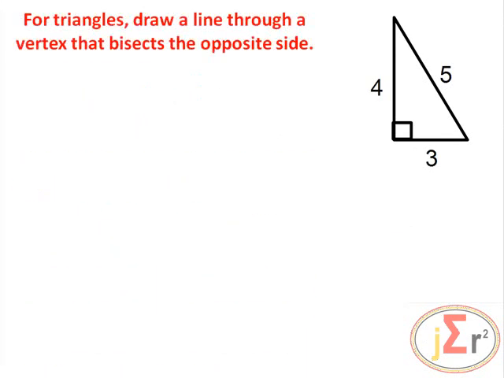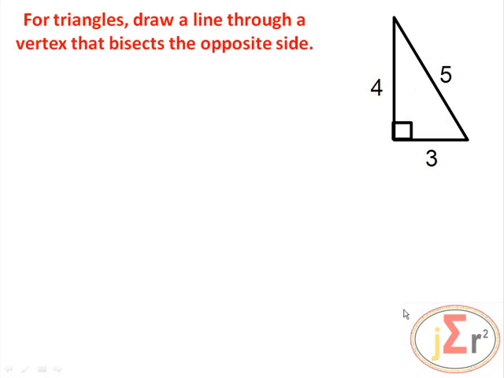For triangles, draw a line through a vertex that bisects the opposite side. Now, if there is any axis of symmetry of any triangle at all, that axis of symmetry must pass through one vertex and bisect the opposite side.